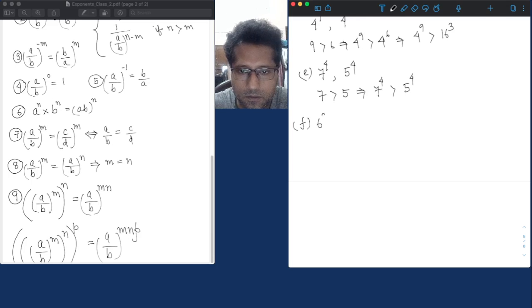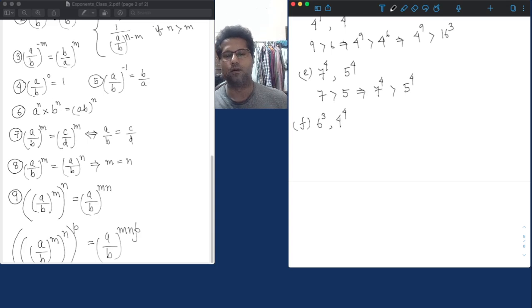6 to the power 3 or 4 to the power 4. Now we cannot make 4 cube. In these two numbers, we cannot create a same base.